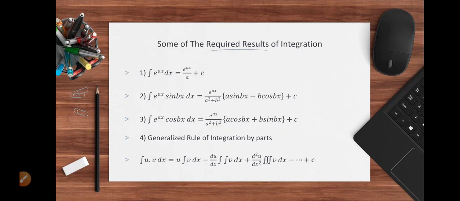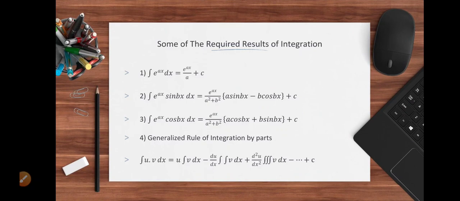So integration of u into v dx is equal to u integration v dx minus derivative of u and one more integration of v, plus one more derivative of u and one more integration of v, minus, and you have to continue this procedure until you get the derivative of u as a constant term. When you get the derivative of u as a constant term, you have to stop at that term only.